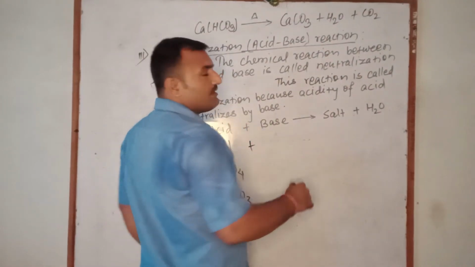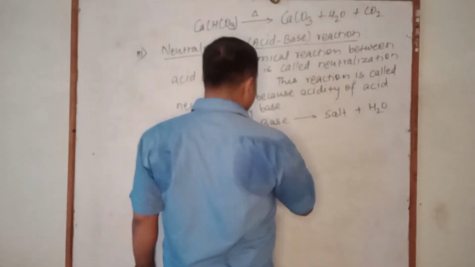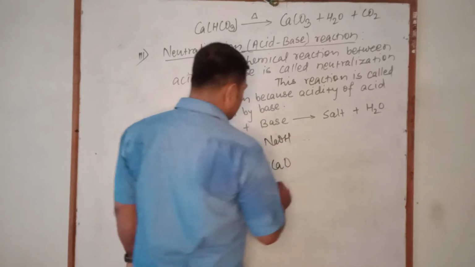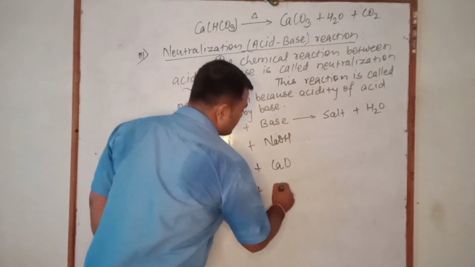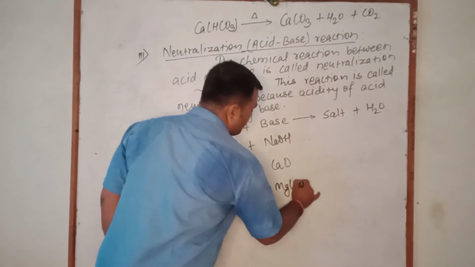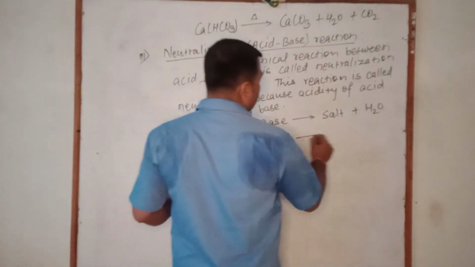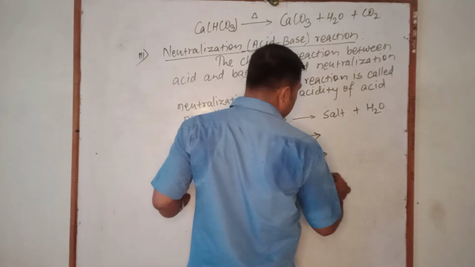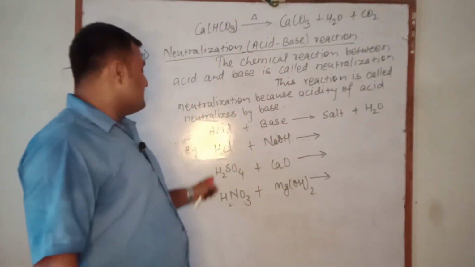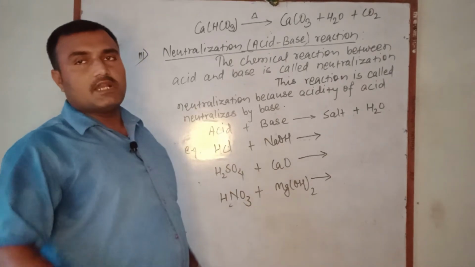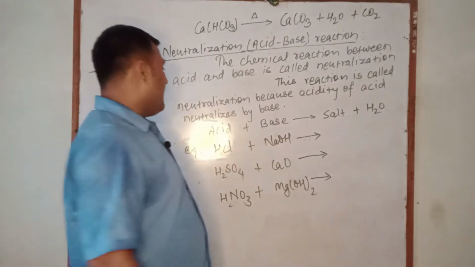And bases are oxides and hydroxides of metals like sodium hydroxide, calcium oxide, suppose magnesium hydroxide or oxide. These are bases. Bases are oxides and hydroxides of metals. Acids are generally proton donors or have displaceable hydrogen.